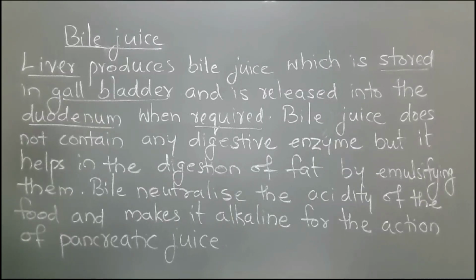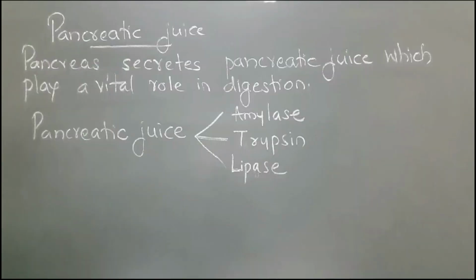It only emulsifies the fat and gives it to the pancreatic juice to digest. Bile also neutralizes the acidity of the food and makes it alkaline for the action of pancreatic juice. We learned about bile juice.